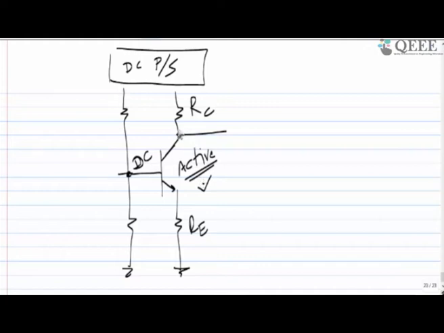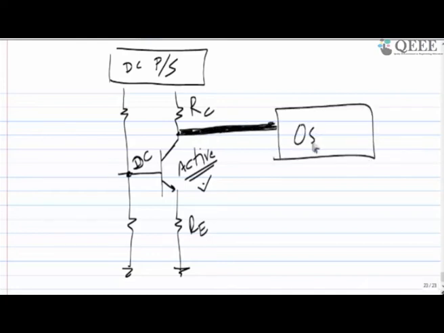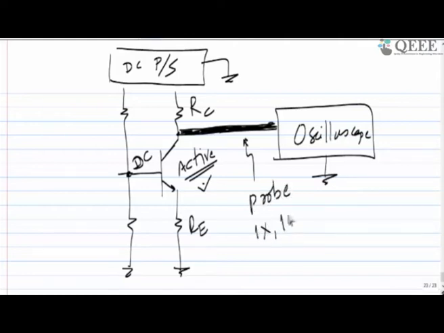Now I want to see this on an oscilloscope. So I am checking that on the oscilloscope by connecting it, with all the chassis connected to the ground, and this is the probe. That probe may be 1x, 10x, whatever probe you want to use. My main goal was to amplify.